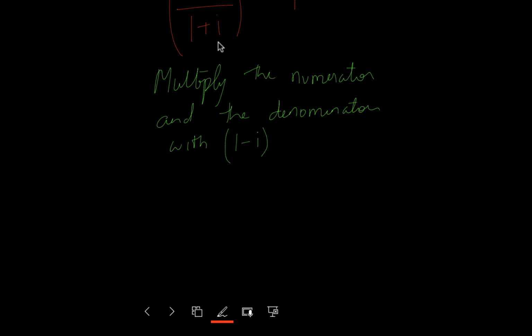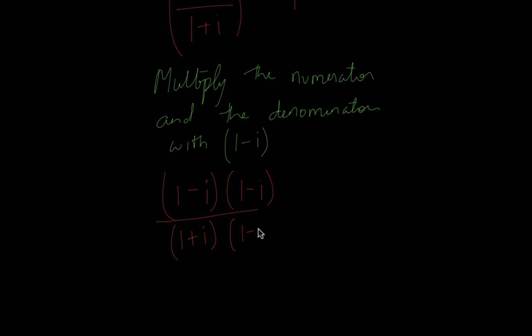So what happens when we multiply the numerator and denominator with 1 minus i? We'll have a look. So (1 minus i) into (1 minus i) divided by (1 plus i) into (1 minus i), the whole raised to n into n, which is equal to 1.